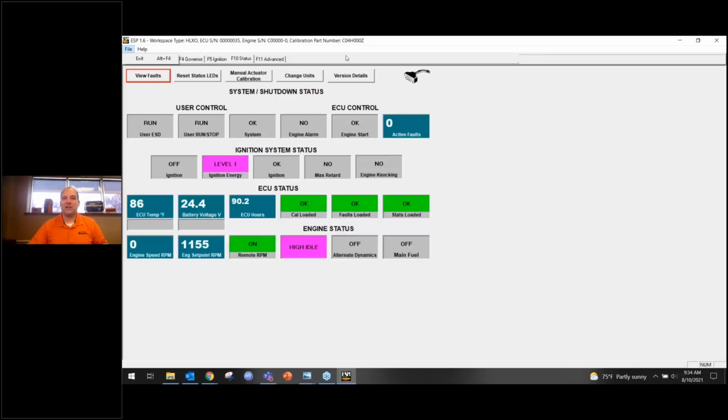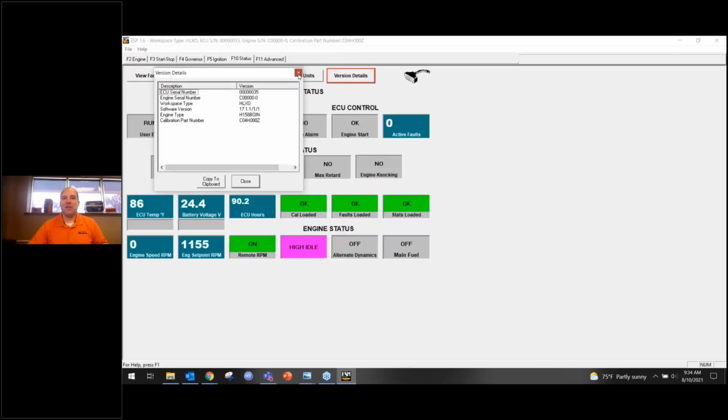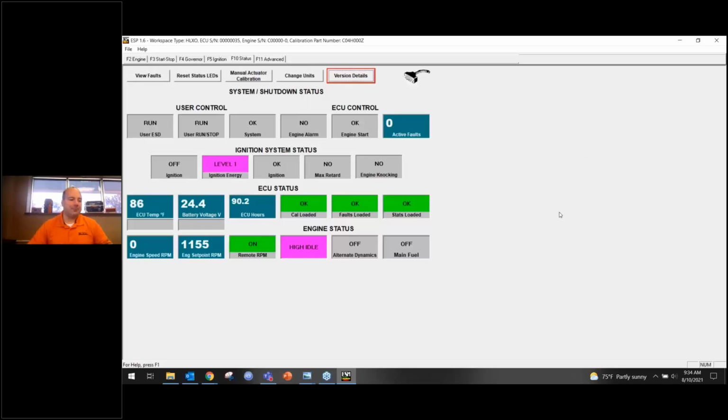So all your information is here, as well as in this F10 panel, where your version details would pop up. But that's not why I'm giving you this tip. What happened is I left the engine room and came into the classroom, and when I tried to connect to this workspace in ECU, it said no, you can't do that. I'm still trying to connect to that VGF.